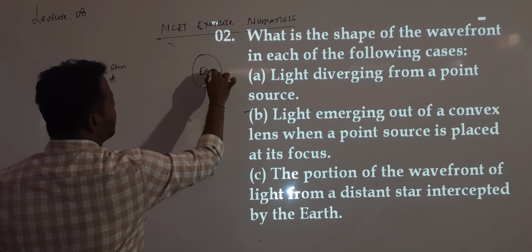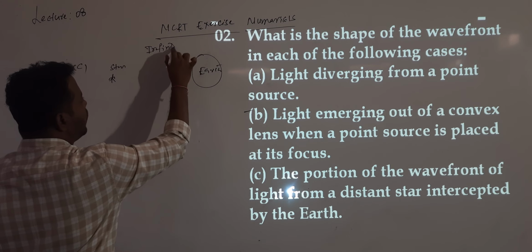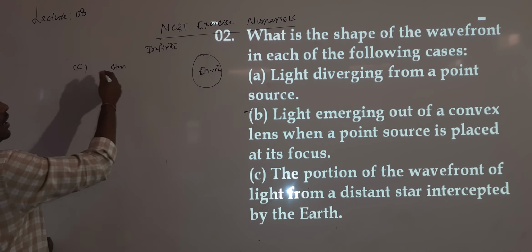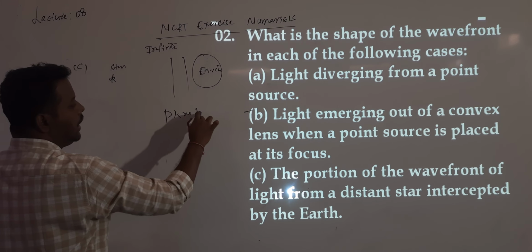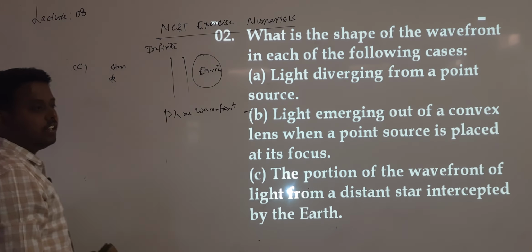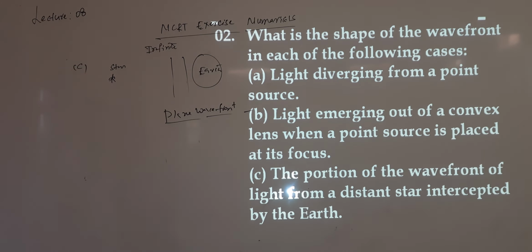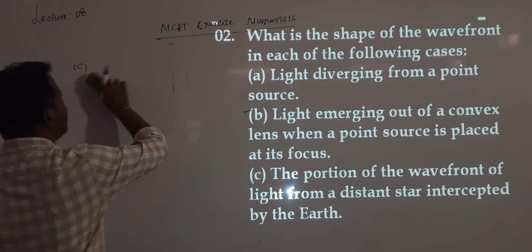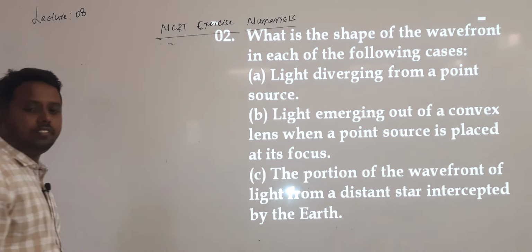Generally the distance is infinite, meaning a very large distance. Whatever the wavefront shape, when it reaches the earth it will become a plane wavefront only. I told you, at infinite distance either a spherical or cylindrical wavefront will become a plane wave. Understood? So this is the second question of wave optics. The wavefronts are three types: spherical, cylindrical, and plane wave.